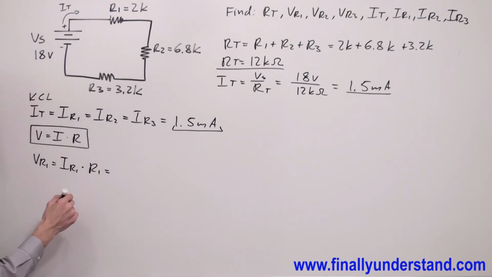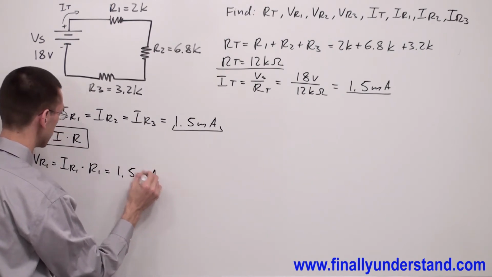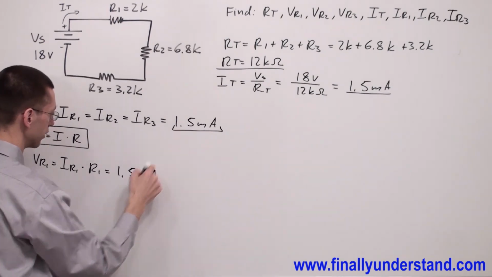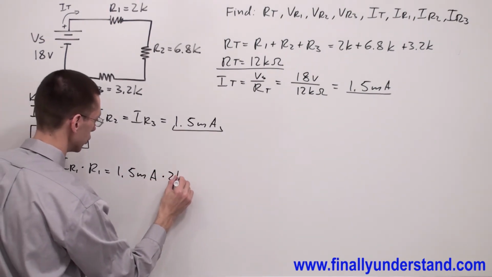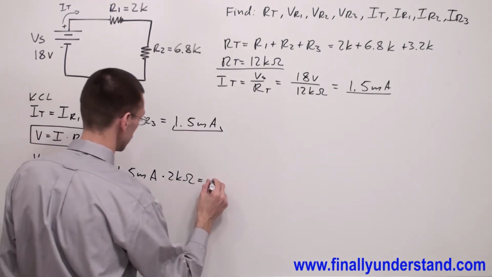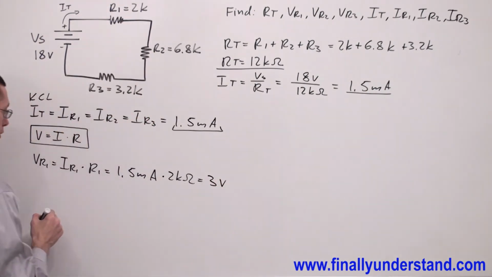In this case, this is going to be 1.5 milliamps because we said that IR1 is equal to I total and has value 1.5 milliamps, times R1, which is equal 2 kilo ohms. This is going to be equal 3 volts. This is the value of VR1.